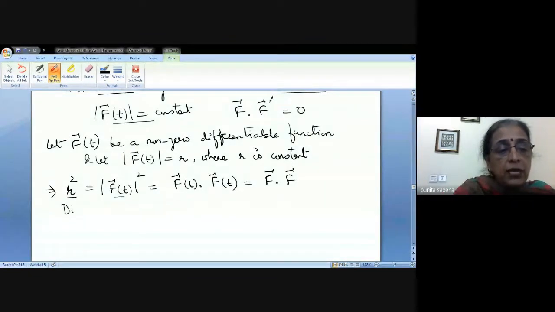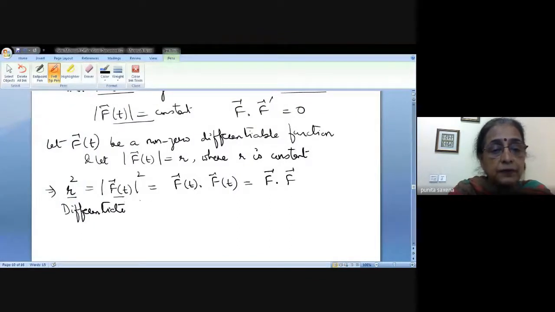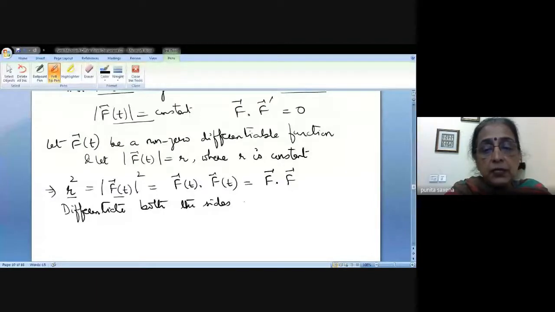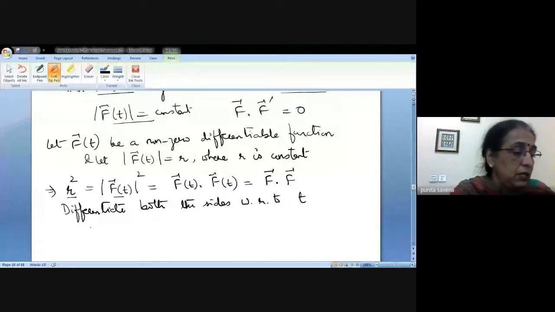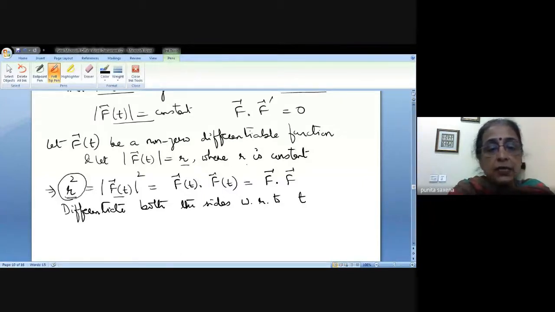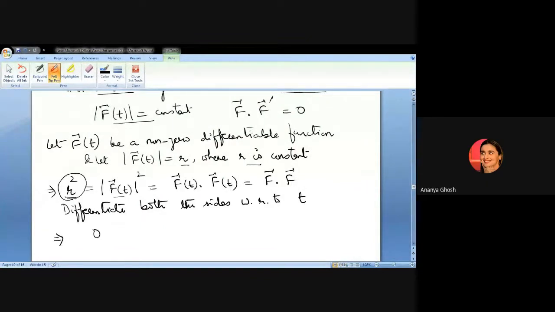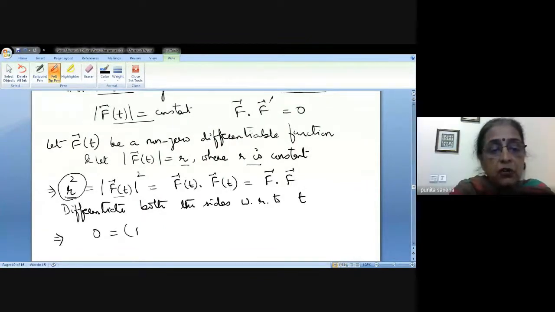Now let's differentiate both the sides with respect to t. Your left hand side is r square, and r was a constant, so the derivative of r square is 0. Your right hand side will be the derivative of f dot f, because f is a function of t.